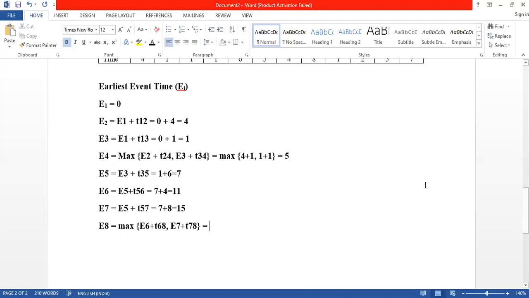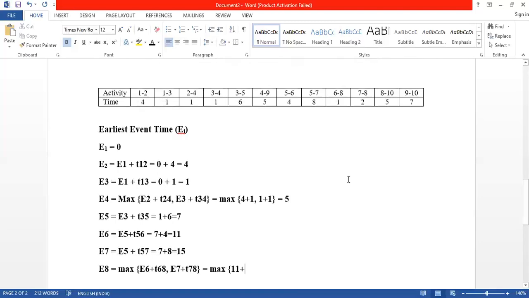So our E6 is 11. I'm sorry, is maximum between E6 is 11 plus 6 to 8 is 1. E7 is 15 plus 7 to 8 is 2, right? So 11 plus 1 is 12, 15 plus 2 is 17, so we'll go with 17.